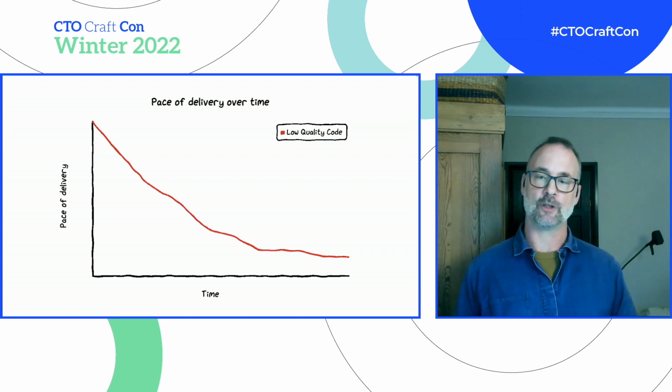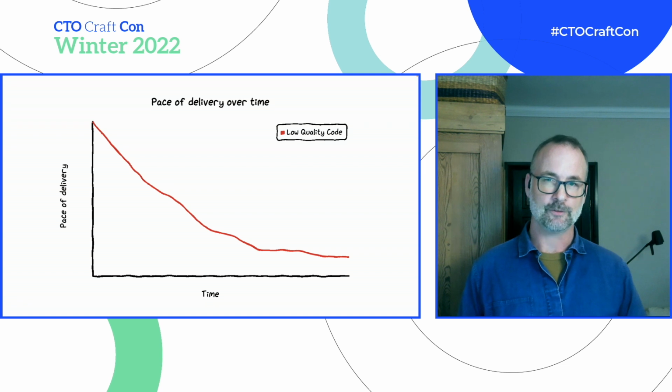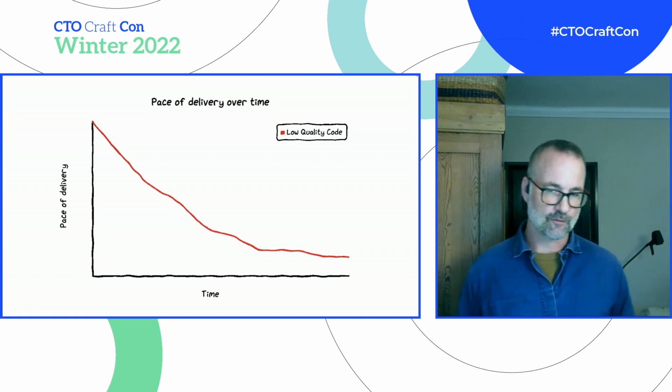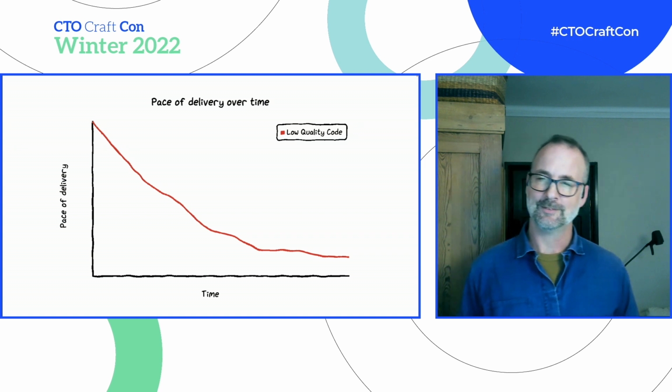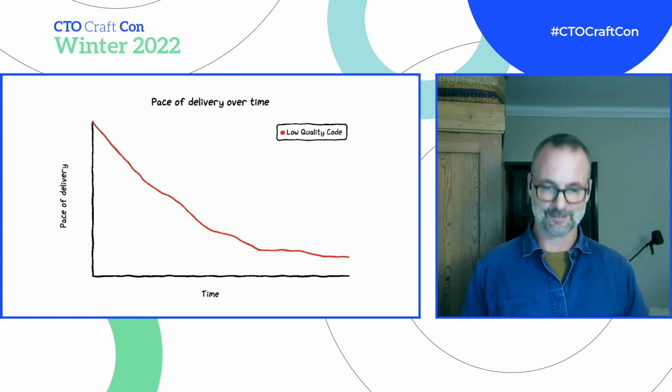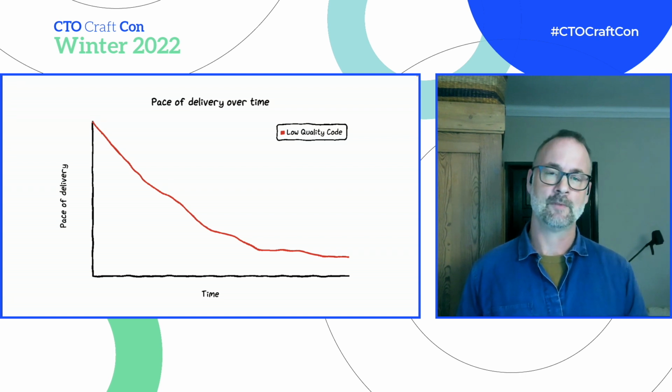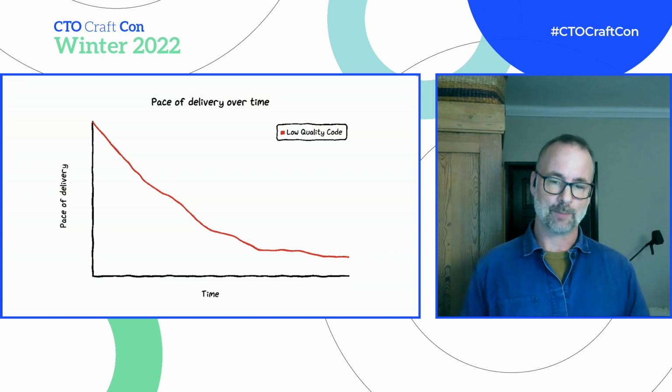But as time goes on, it becomes more and more difficult. As the code gets larger and more complex, it's harder to make changes. Your team start to feel like they're wading through mud. It starts off maybe at their ankles, and then it's rising maybe to their knees, and then it starts to come up to their waist. And stakeholders are starting to complain at how slow development is.